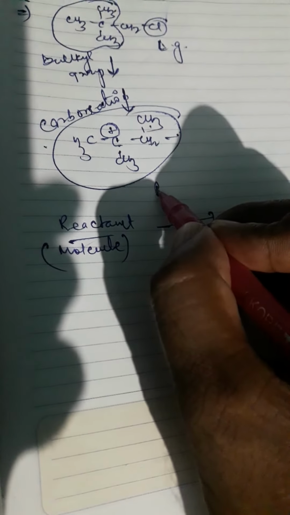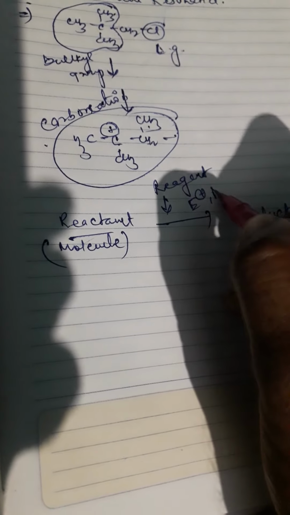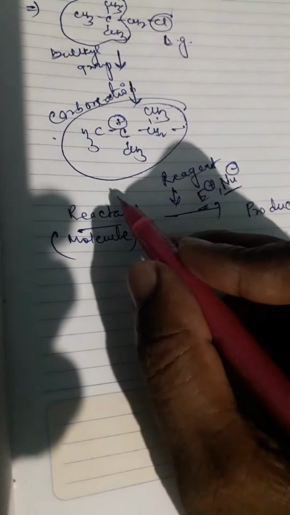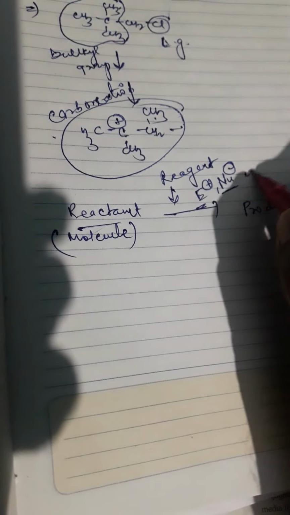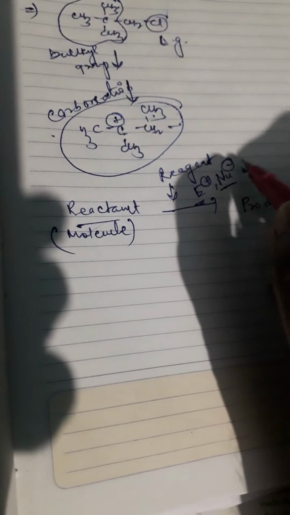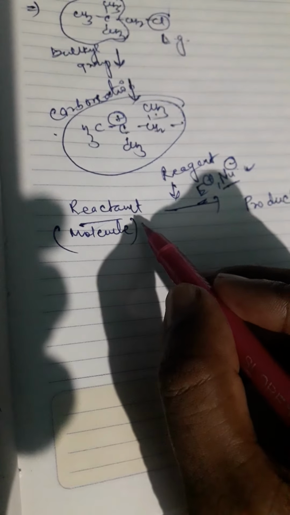Okay, so for this conversion there is a need of some reagent, and these reagents may be either nucleophile or electrophile. Okay, so an electrophile is electron deficient, so it will attack on the electron rich center. Nucleophile has more charge density, so it will attack on the electron deficient center.